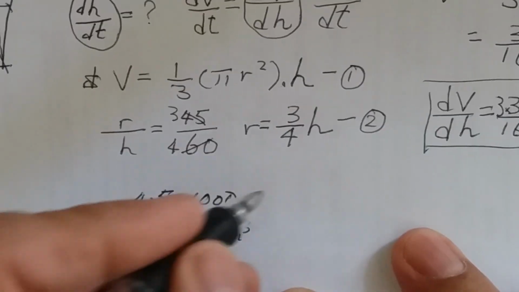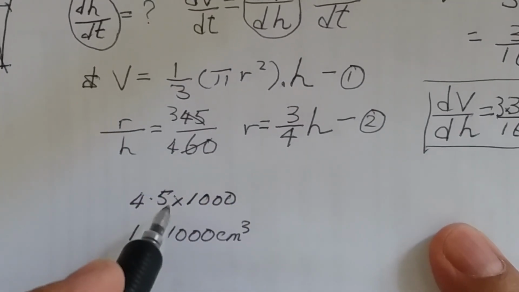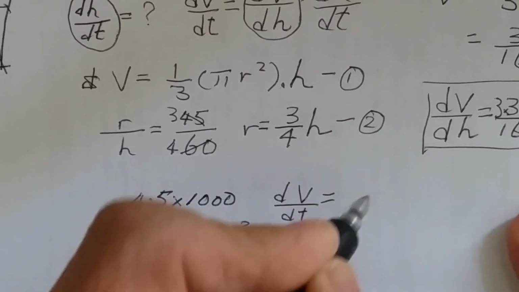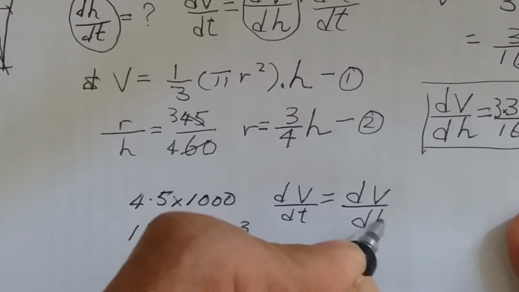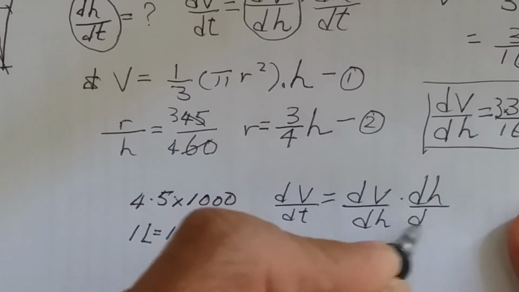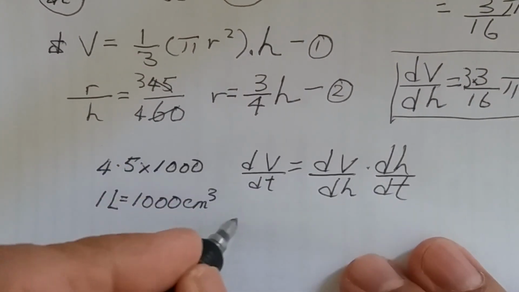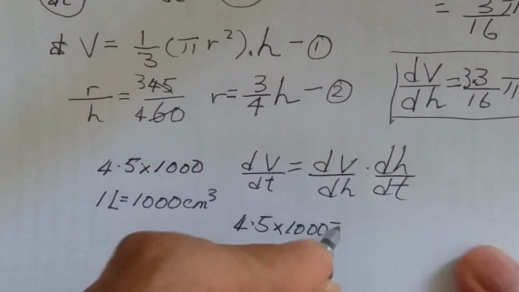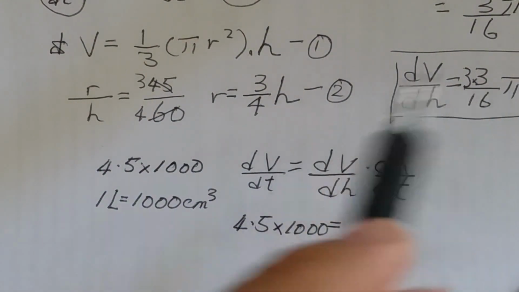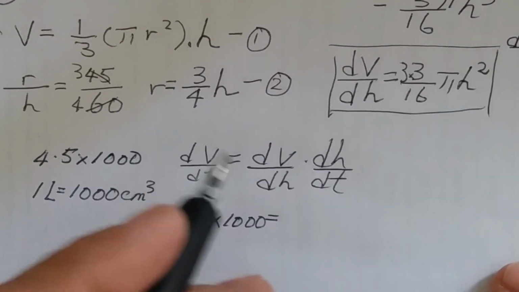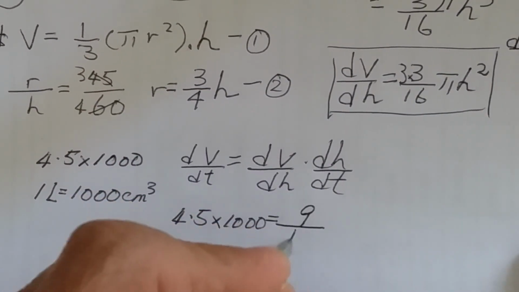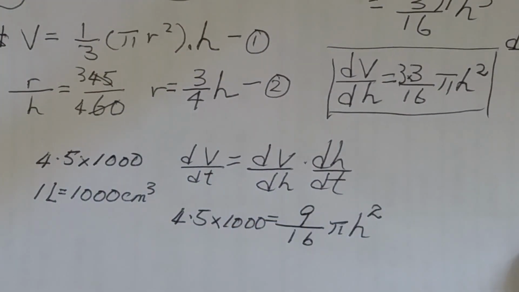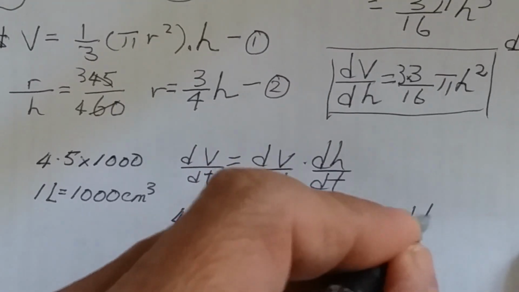So now I have dV/dt equals dV/dh times dh/dt. So easy. 4.5 times 1,000 equals, now we have this equation over here. Okay, so it's 9/16 pi h squared times dh/dt.